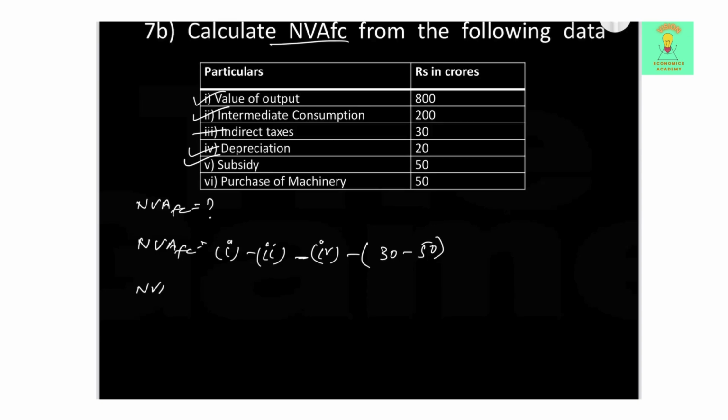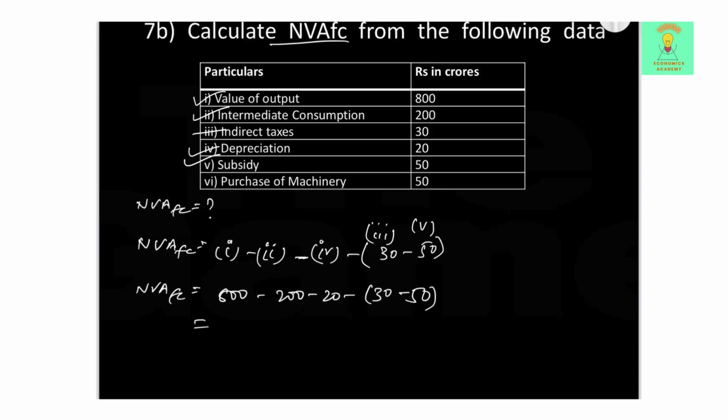Okay, so NVAFC equals 800 minus 200 minus 20 minus 30 minus 50. Here minus is number 3, and this is number 5.